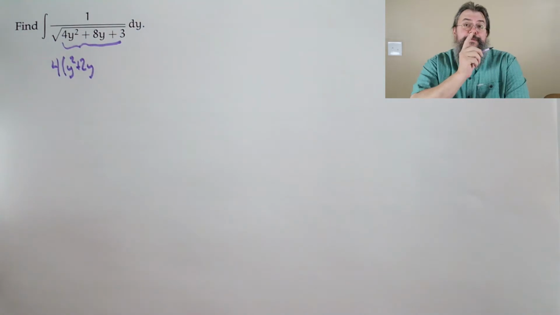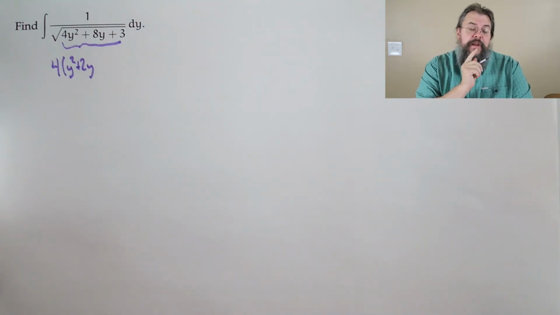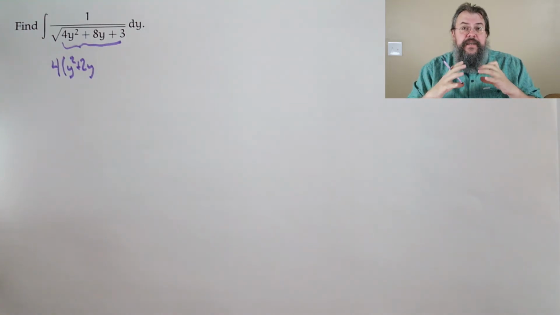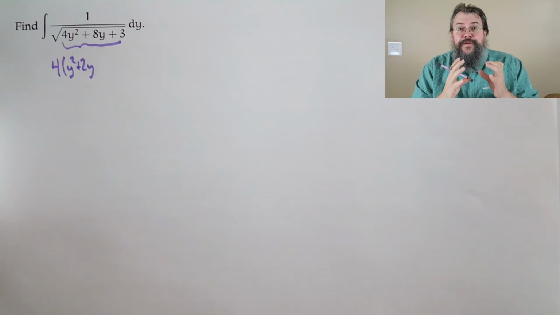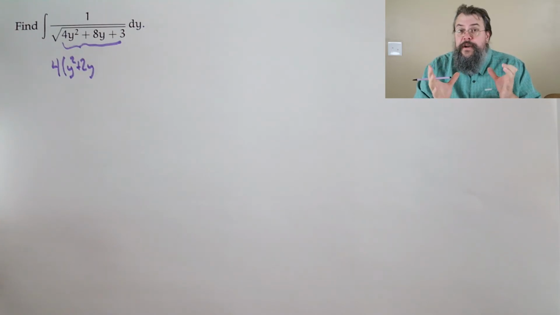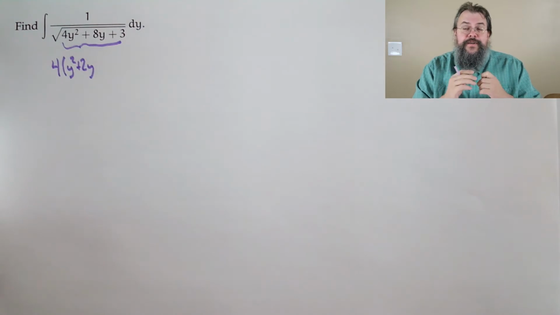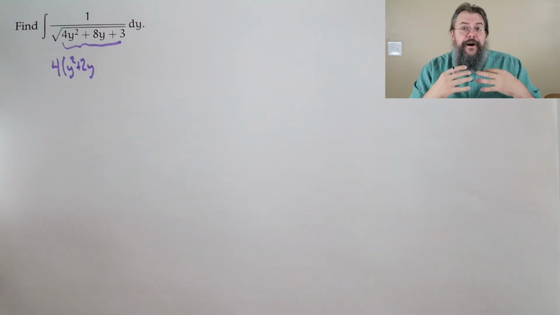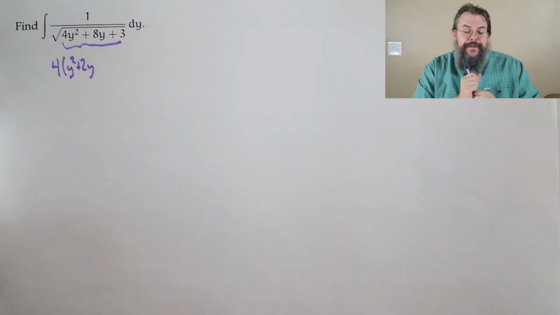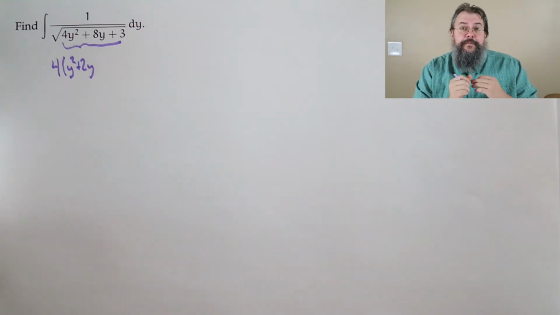Now why do I pull the 4 out? Oftentimes if I don't see a nice variable thing squared, I want to make a square. Or another way to put it, I want to complete the square. It's like I have part of a square, I just need to go all the way. So I'm setting myself up to complete the square.